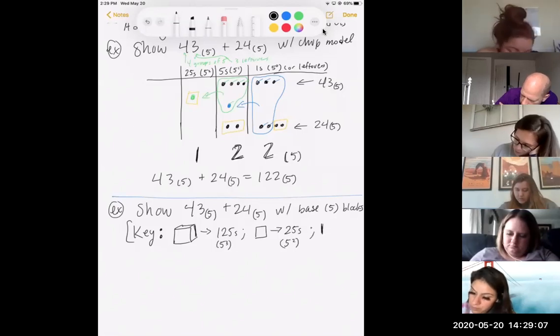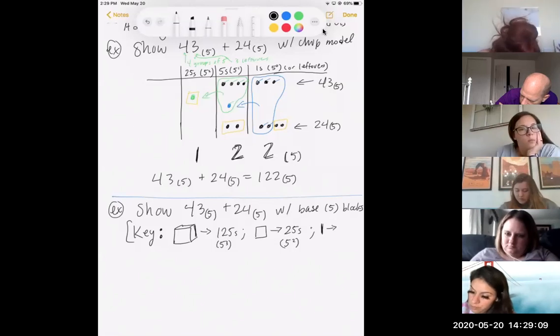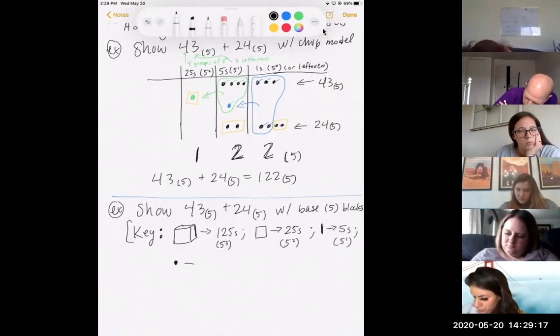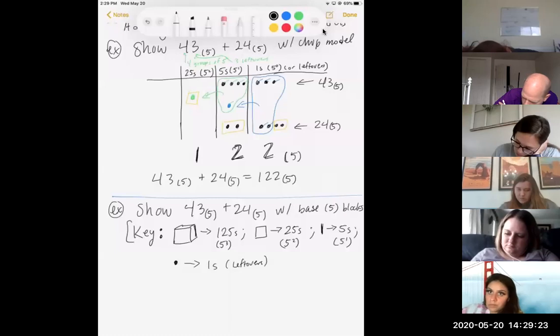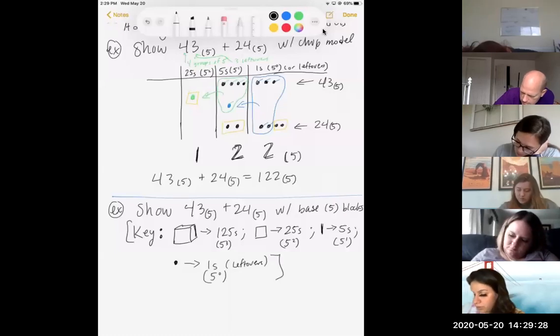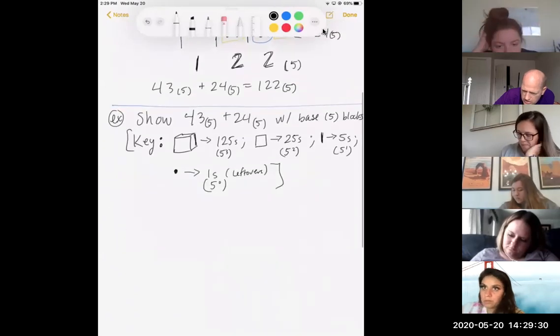The rod is going to represent the 5's place, or 5 to the first. And then we have our dot, or the little cube, which will represent the leftovers, the 1's place, or the 5 to the 0 power place. Okay, so that's our key. Is everybody good on that one?